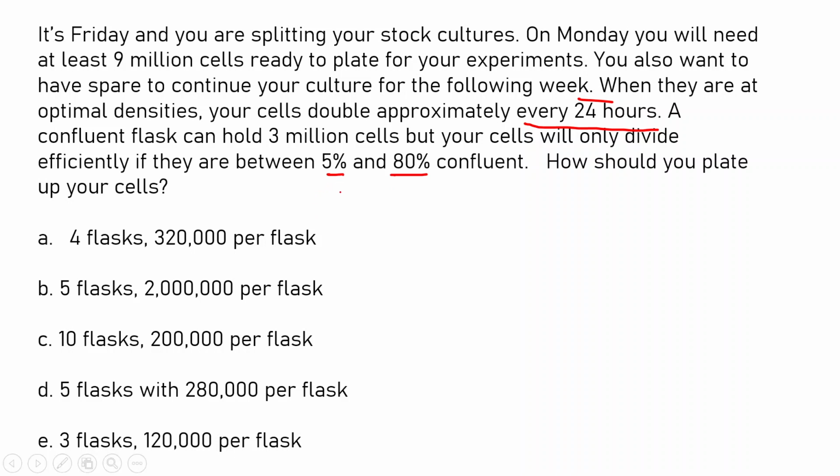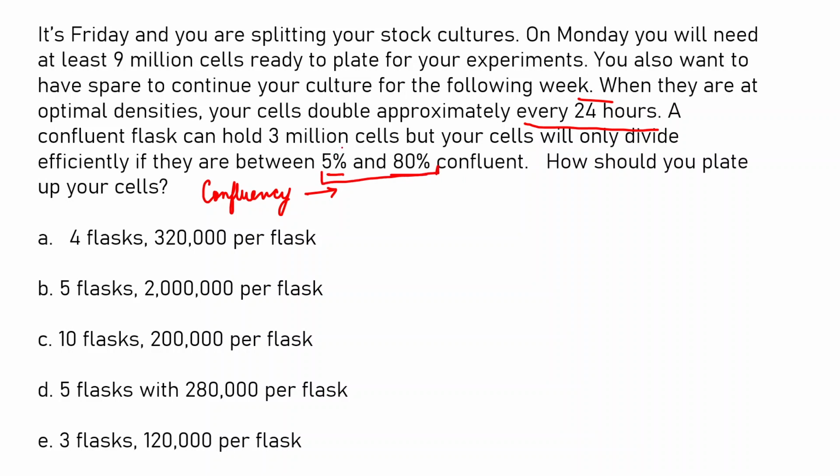So here the important thing to know is confluency. Your cells will divide efficiently only when they are 5% to 80% confluent.